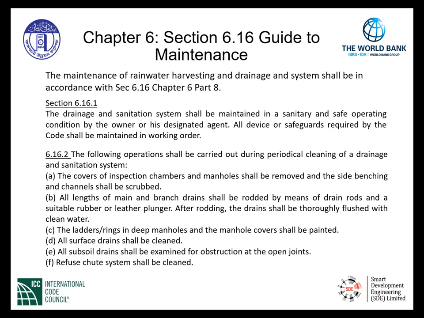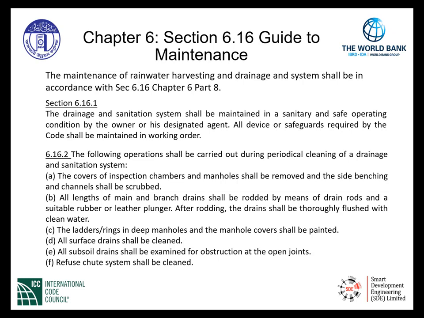6.16.2, the following operations shall be carried out during periodical cleaning of a drainage and sanitation system. These items are specific not only for sanitary drainage, but also rainwater harvesting and drainage systems.